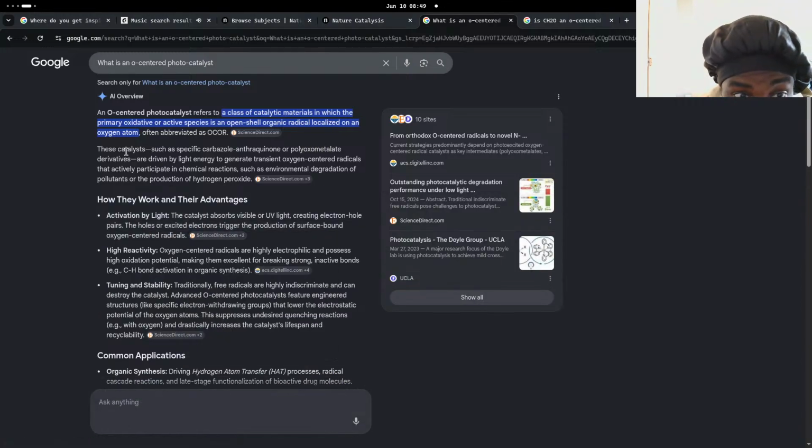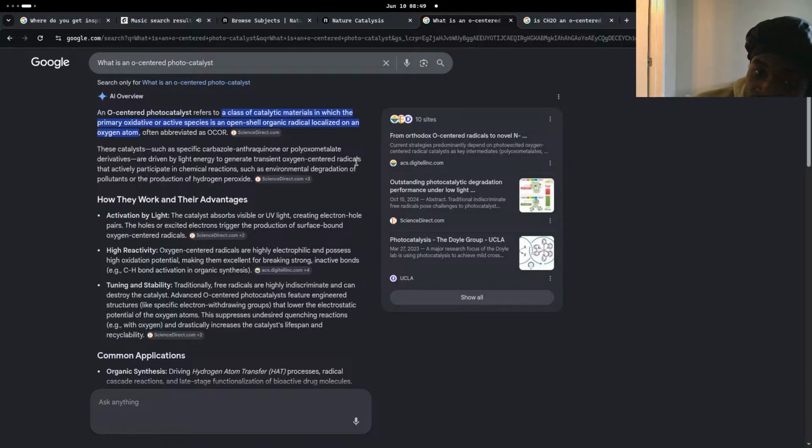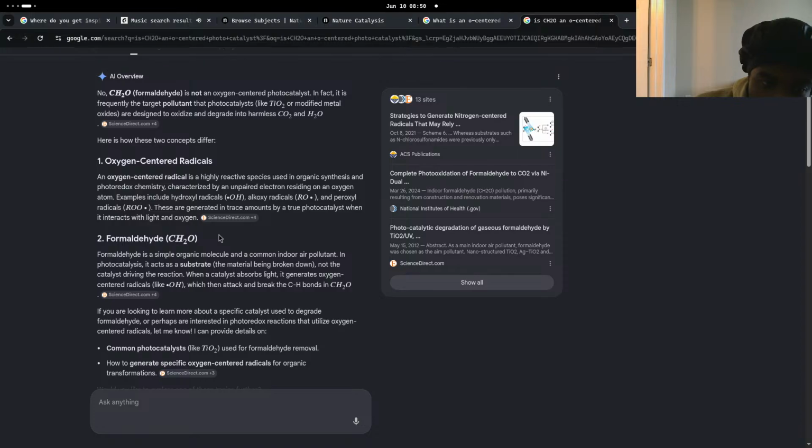So basically, when these molecules interact with light, the alkoxy groups break off, or hydroxyl or peroxy groups break off. How many centered groups did they mention here? Hydroxy radicals, alkoxy radicals, and peroxyl radicals. Yeah, it makes sense.